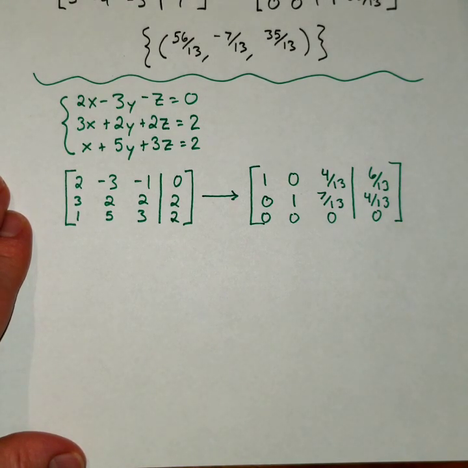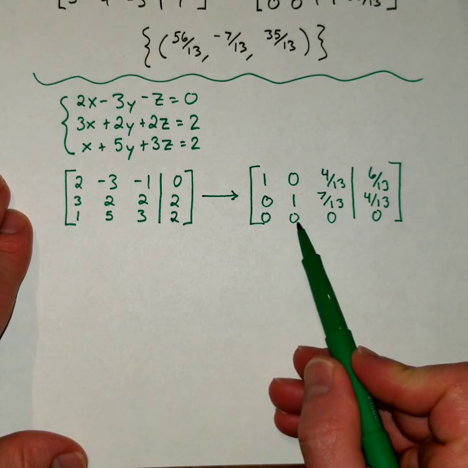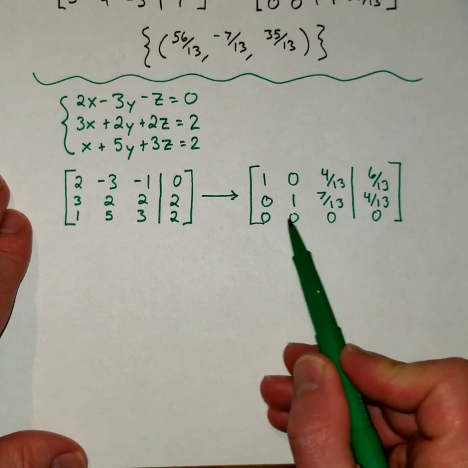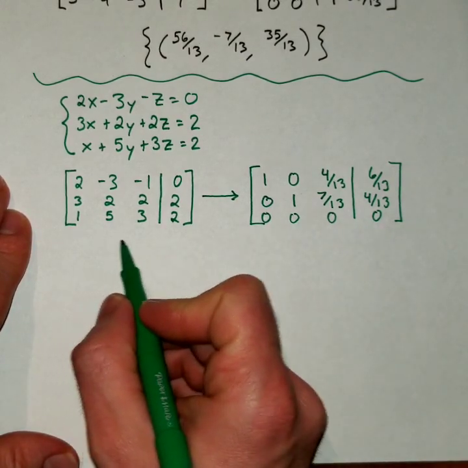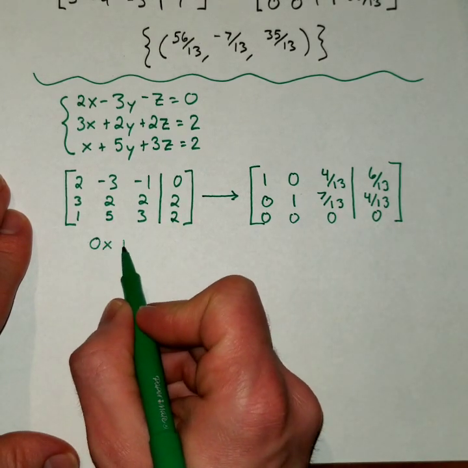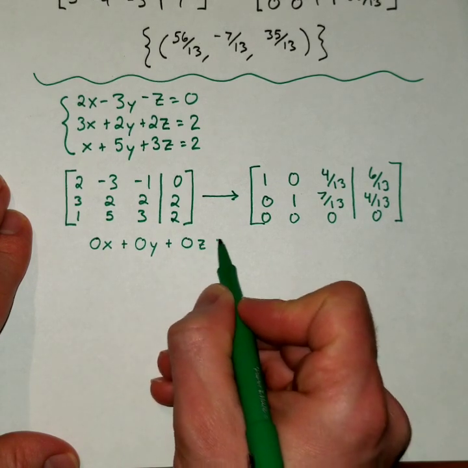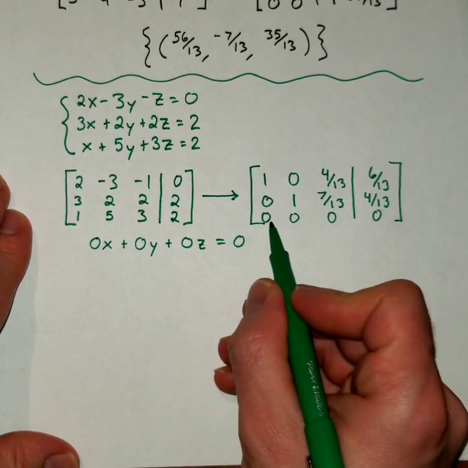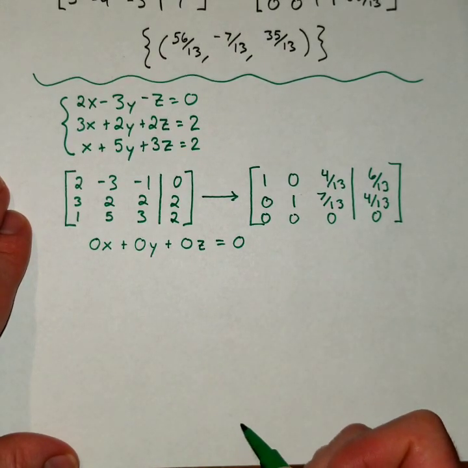When this occurs in the reduced row echelon form, you need to look at the bottom row. This bottom row tells me that if you rewrite it as an equation, 0x plus 0y plus 0z equals 0, right? That's what 0x, 0y, 0z equals 0. That's what all those mean.